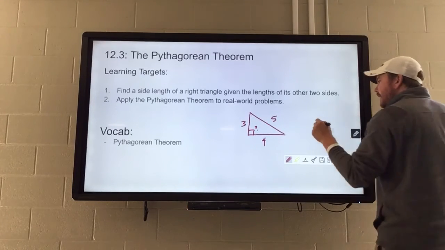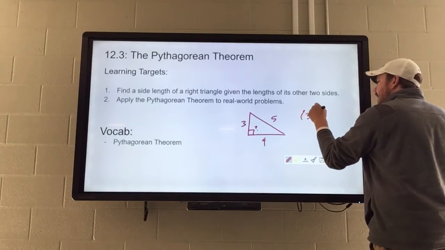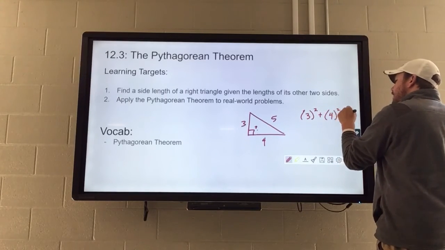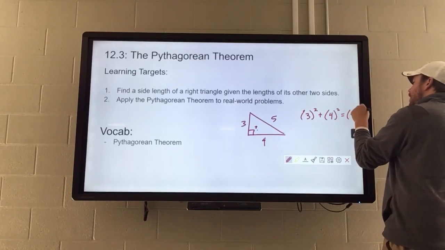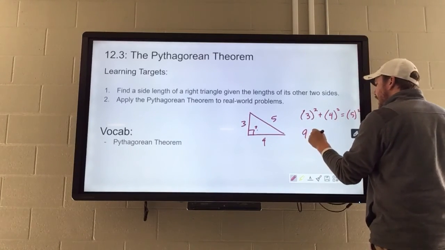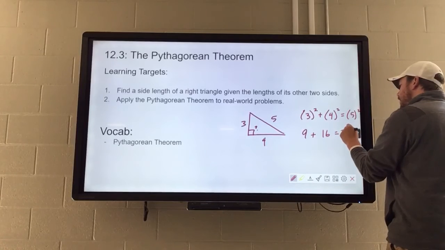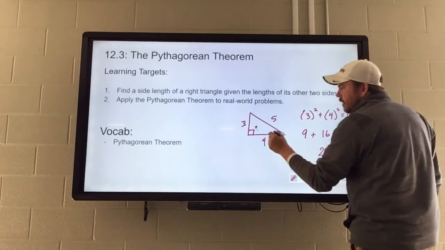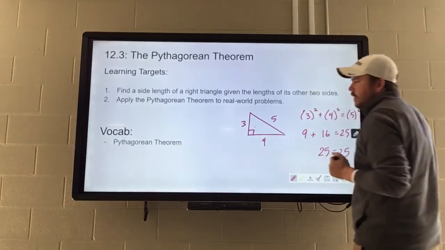Well, if it is true that a leg squared plus another leg squared equals the hypotenuse squared, then that has to be a right angle. So does 9 plus 16 equal 25? Well, yes it does. Since the Pythagorean theorem works, we know that is a right angle.